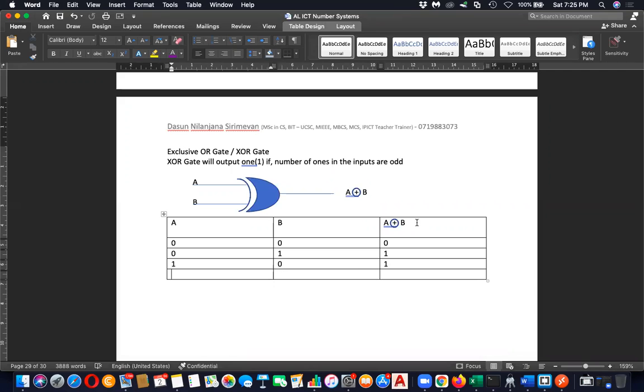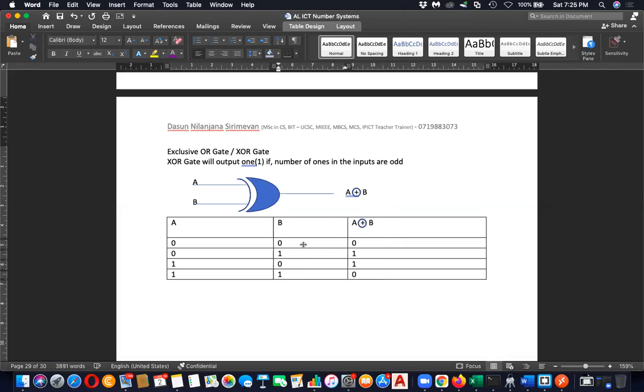And 1, 1 gives 0. It will count the number of ones. Here in the inputs you have only one, 1 is odd, so this is 1. Here again you have only 1, 1 is odd, therefore this is 1. Here you have 2 ones, which is even, so this is 0. And here you don't have any ones, so it's 0.